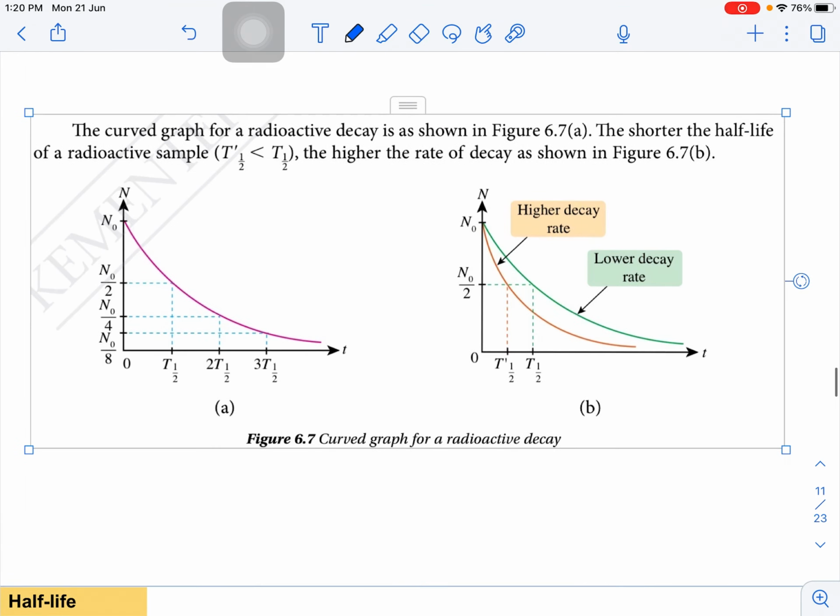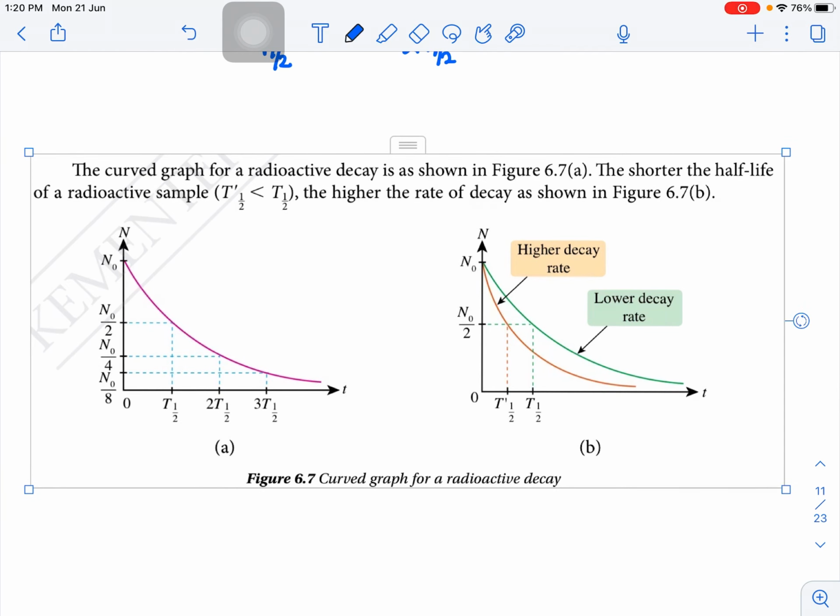So from here, we can see that the curve of radioactive decay is as shown in figure 6.7a. This is the graph for radioactive decay, which we call an exponential graph. The shorter the half-life of a radioactive sample, the higher the rate of decay, as shown in diagram 6.7b. From diagram 6.7b, the red graph has a shorter half-life compared to the green graph.